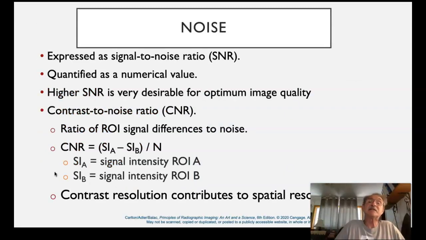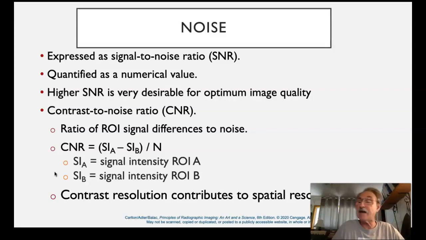Noise is expressed as signal-to-noise ratio, SNR, quantified as a numeric value. And I talked a bit about signal-to-noise ratio in another video. Bear in mind that a higher signal-to-noise ratio is desirable in the digital environment.